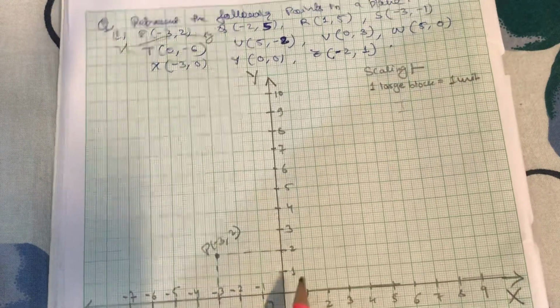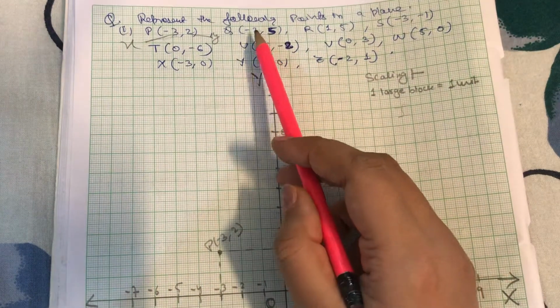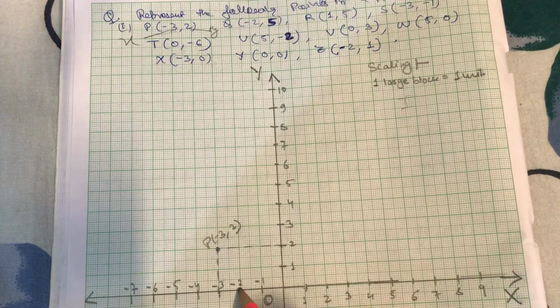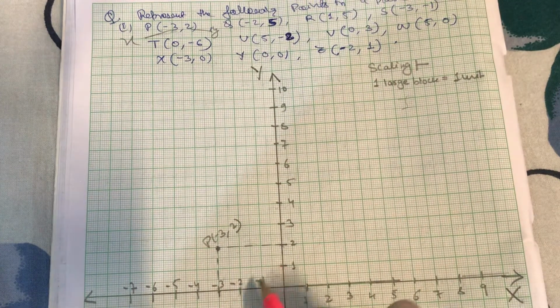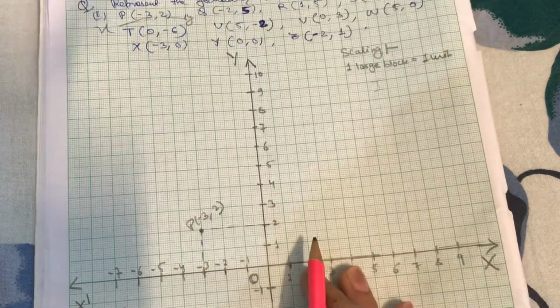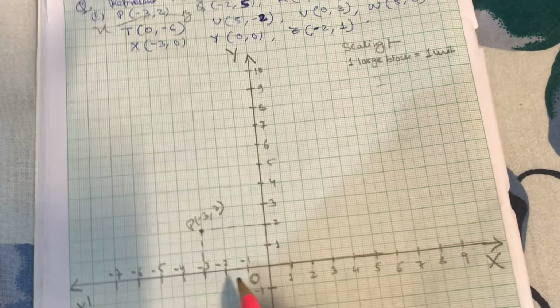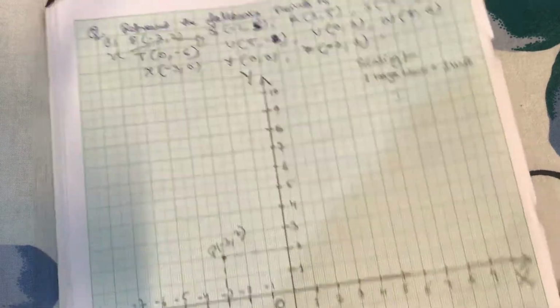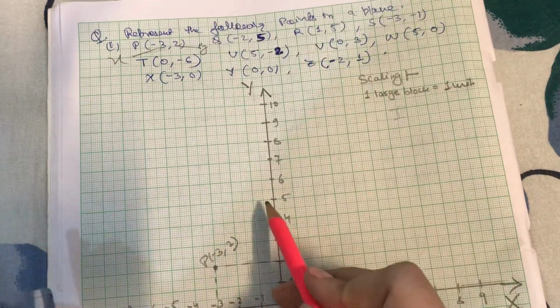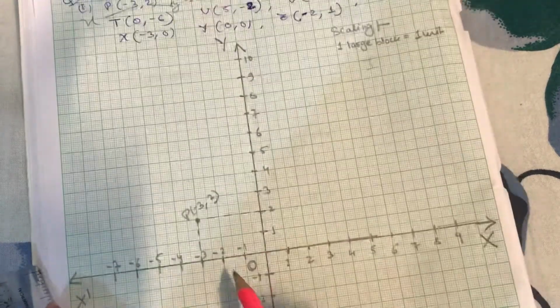Let's talk about the next point, Q, which is -2 and 5. Now the value of x is -2, which is somewhere here, and the value of y is what here? 5. So 5 is here and -2 is here.